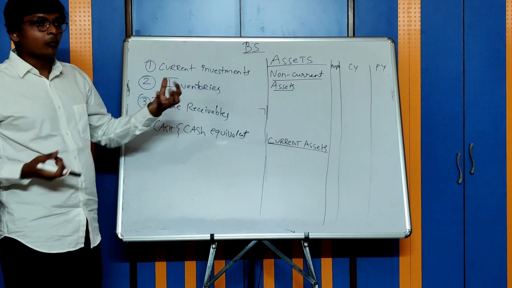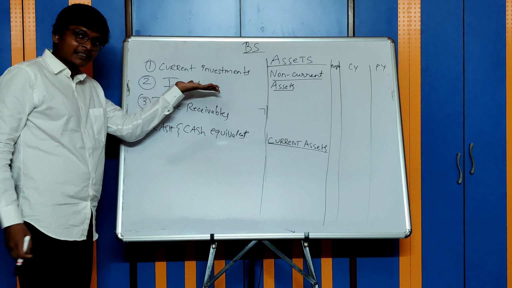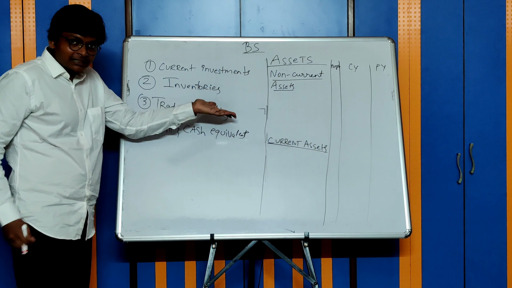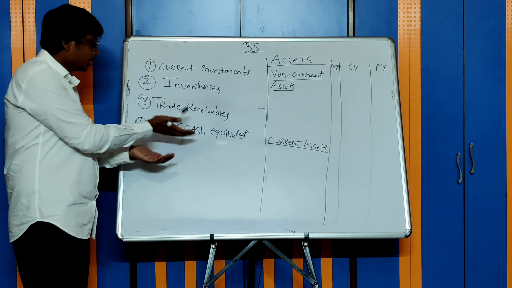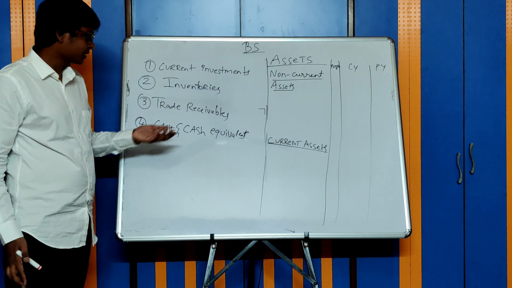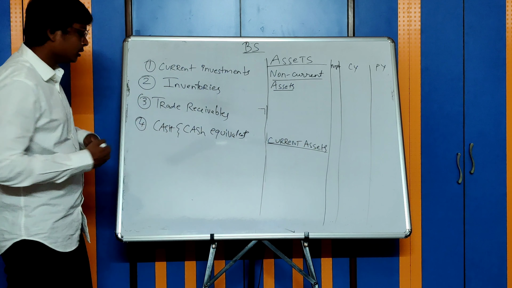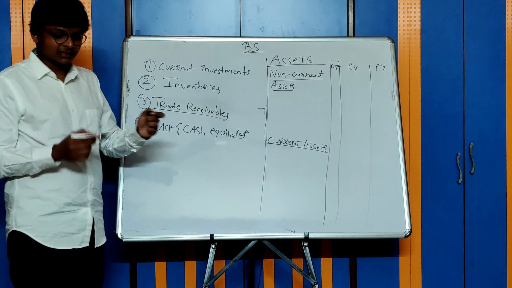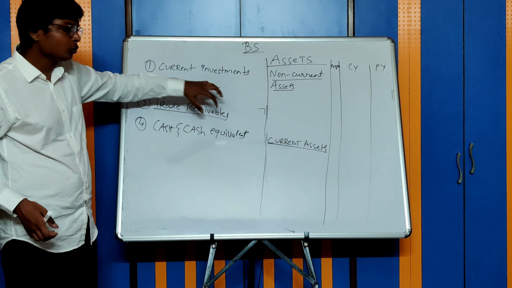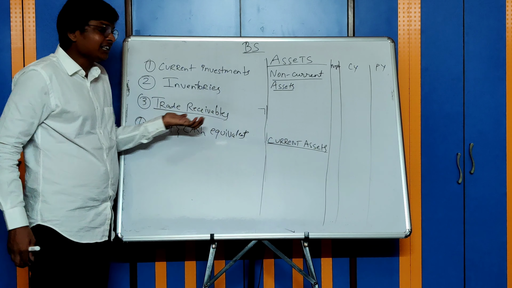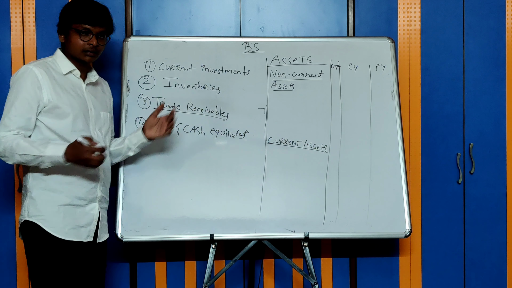Look at the order. When you manufacture, first inventory is ready and then it becomes trade receivables once you make credit sale, and once the debtor makes payment, you get cash and cash equivalents. Earlier you used to call it debtor, now the term is trade receivables. All your bills receivable etc. will come under this. Closing stock value, trade receivables value, all your cash and cash equivalents will come under this.